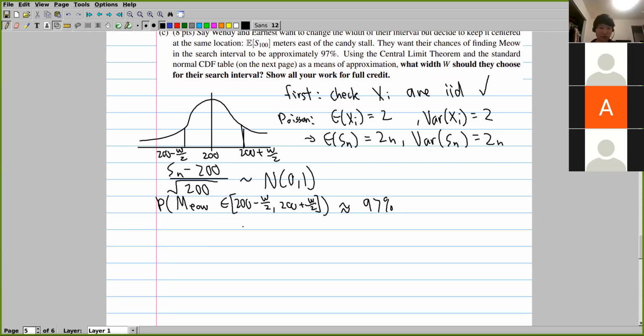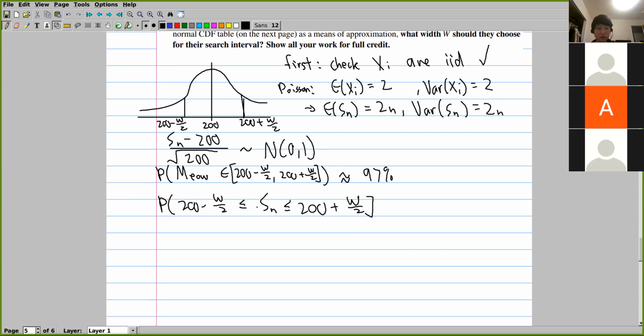If we rearrange a bunch of things, this is the same thing as saying Sn. Rearranging, we do the same thing. We subtract away the mean and then center it.